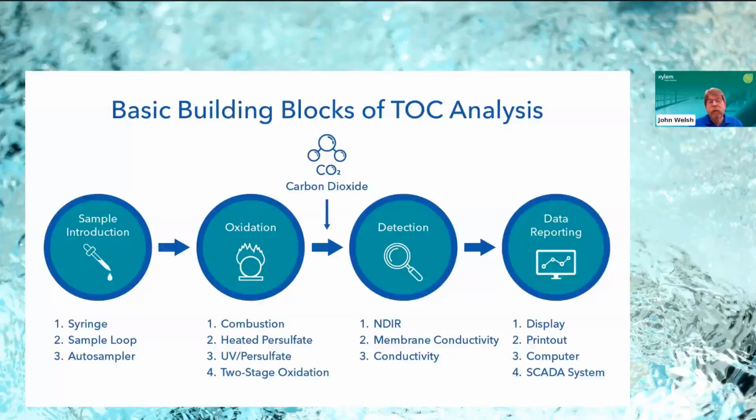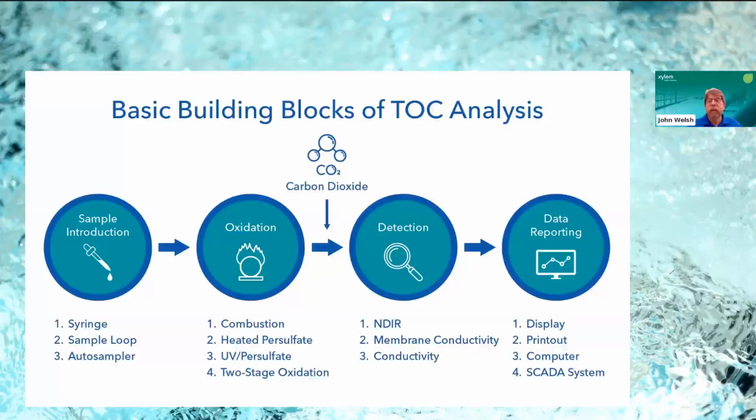The model 9220 will use the heated persulfate technique to oxidize organic carbon to CO2. The next step in the process is to detect that carbon dioxide. This is usually done by either a non-dispersive infrared detector, NDIR, or membrane conductivity or direct conductivity detectors.